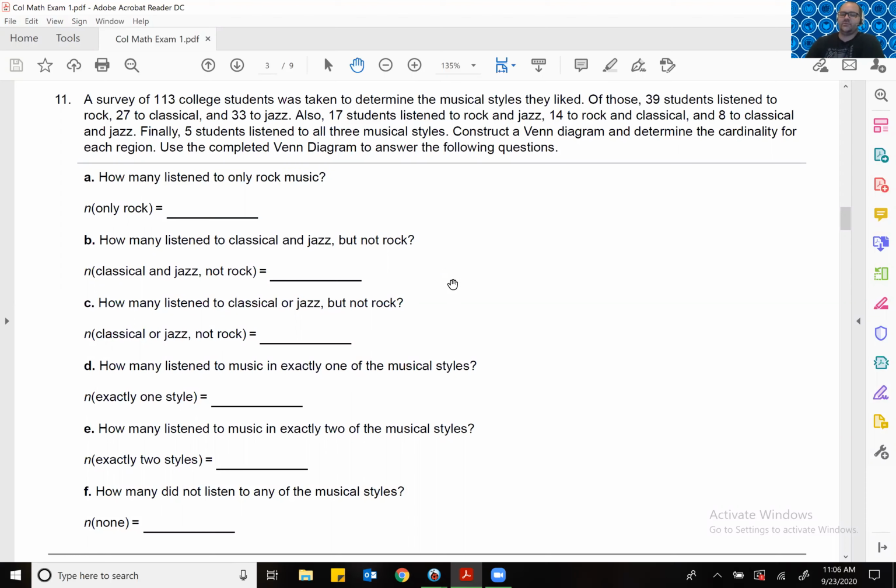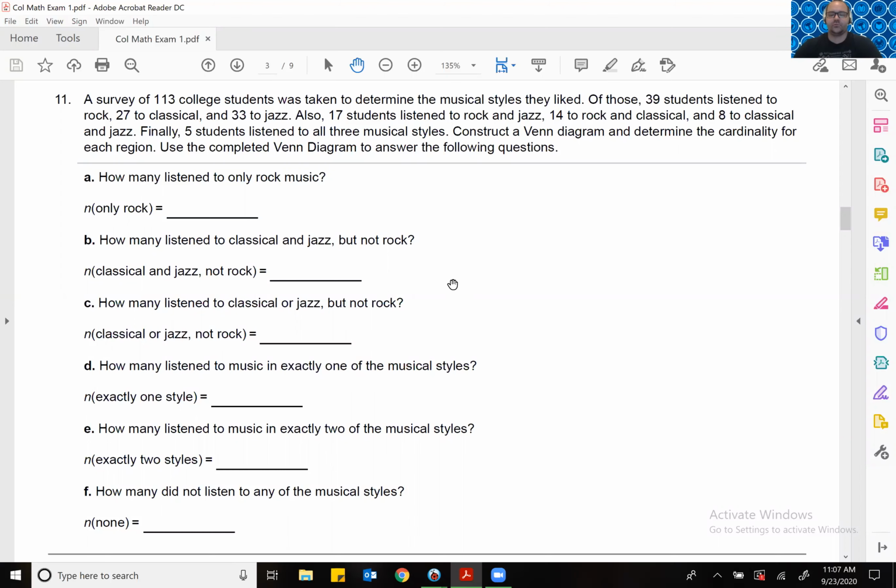How do I start this word problem? Where do we begin? Well, actually, first, when I make my Venn diagram, how many circles am I going to have? 3. 3.